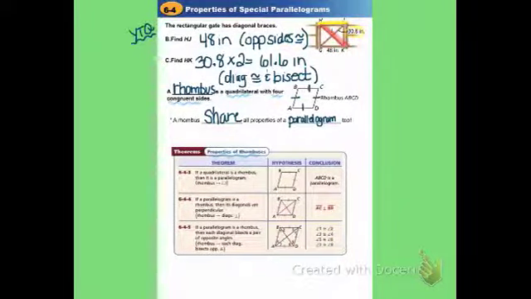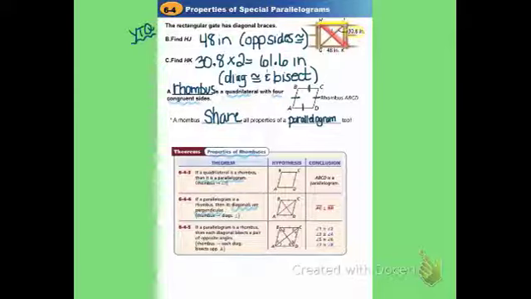So the first part of this theorem says if a quadrilateral is a rhombus, then it is a parallelogram, which is what we just talked about. So that means we get all of these properties of a parallelogram for free in the rhombus. So the rhombus has all those things plus these extra things. If a parallelogram is a rhombus, then its diagonals are perpendicular. So remember the diagonals of the rectangle were equal.